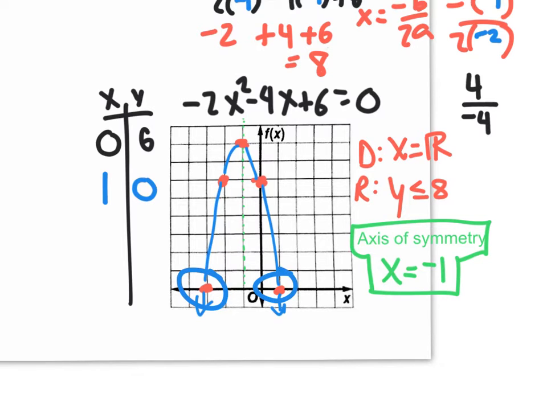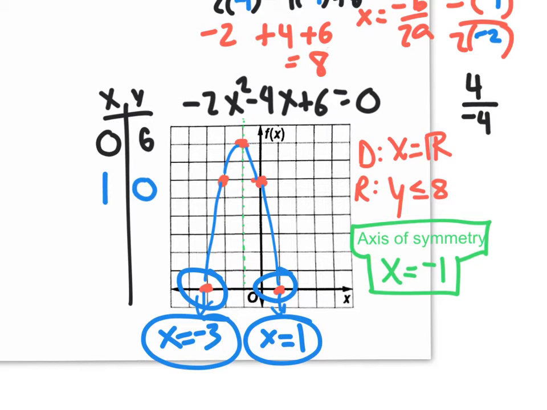So we could clearly see here that the parabola will cross the x-axis at the x value of positive 1 and also at the x value of negative 1, 2, negative 3. So ladies and gentlemen, if I were to ask you to solve it, you'd get the two answers, negative 3 and positive 1. So just for future reference, whenever you graph a parabola, the x-intercepts are technically the answers to your quadratic equation.